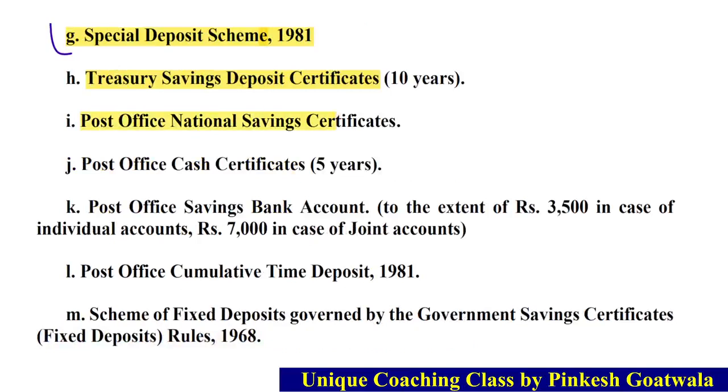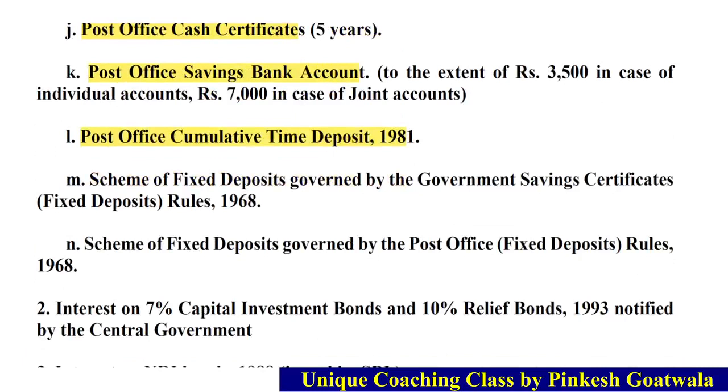Post office national saving certificate, post office cash certificate, post office saving bank account, post office cumulative time deposit, and last M and N, that is scheme of fixed deposit governed by the government saving certificate, and the same scheme of fixed deposit governed by the post office.